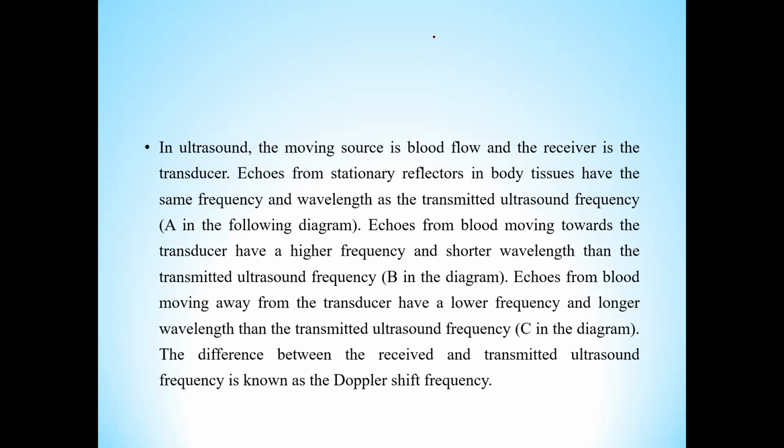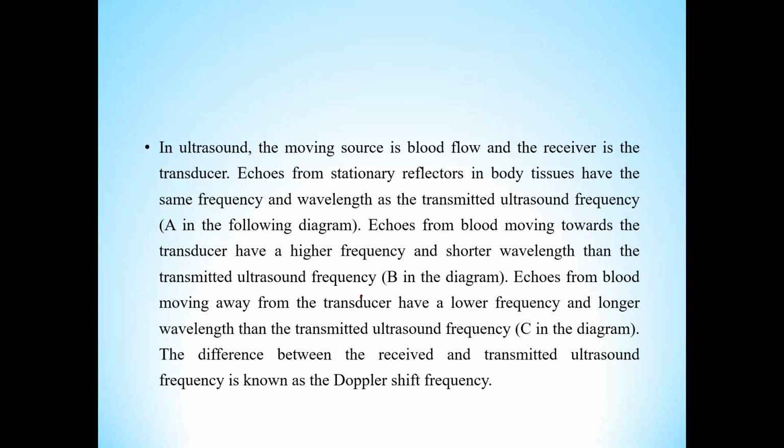So echoes from a stationary reflector in the body tissue have the same frequency and wavelength as the transmitted ultrasound frequency, as in diagram A. And each echo from blood moving towards the transducer has a higher frequency and shorter wavelength than the transmitted ultrasound frequency, as in diagram B.